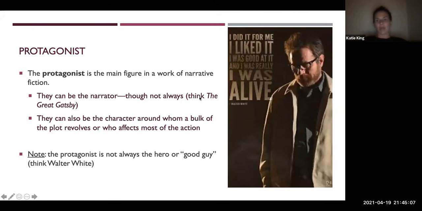In Breaking Bad, the image that you see to the right here, Walter White is the protagonist, in that the vast majority of what happens in that television series revolves around him. Is he a good guy?